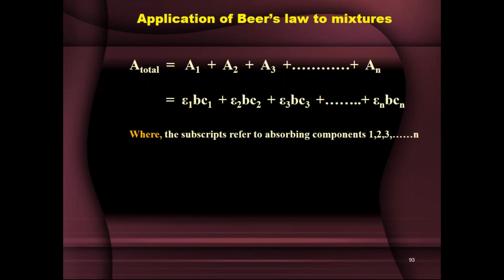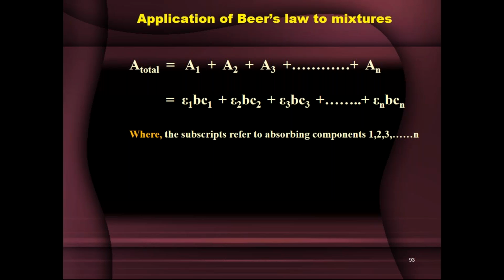So when these two laws are combined, we have a new law, Beer-Lambert's law, and that states that absorbance is directly proportional to both concentration as well as thickness, but not together. One should be maintained constant, then the other will be directly proportional to absorbance.